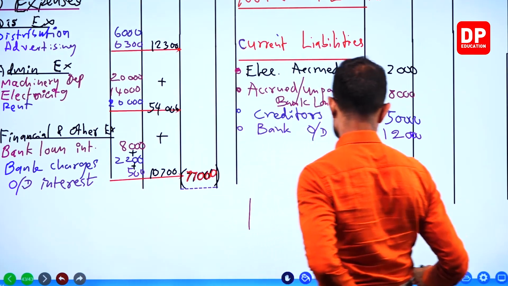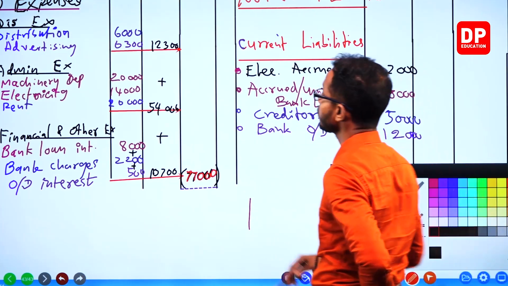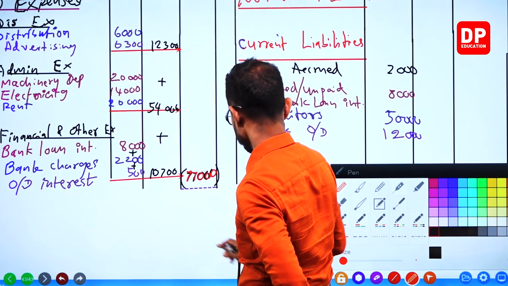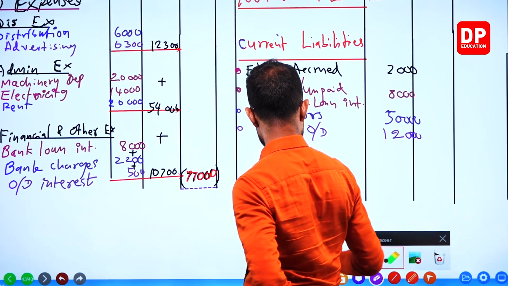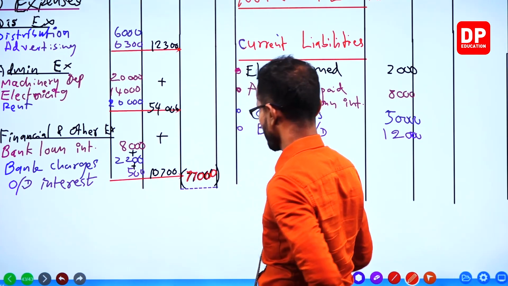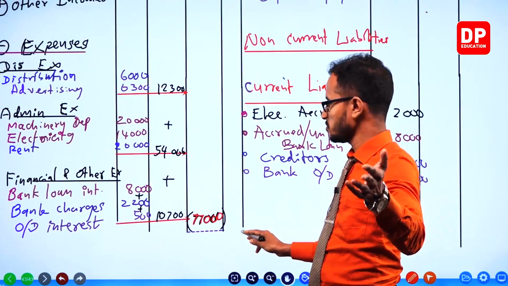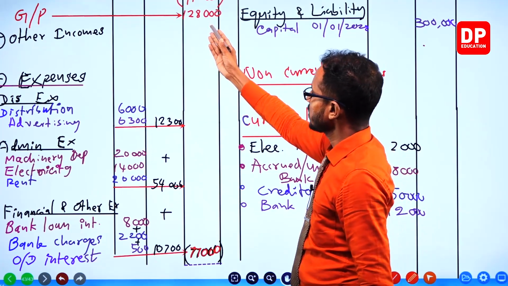You do the calculation, please. 128 minus 77.